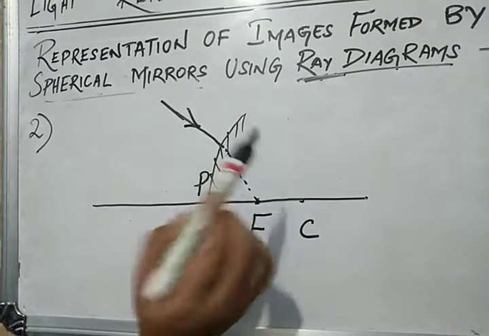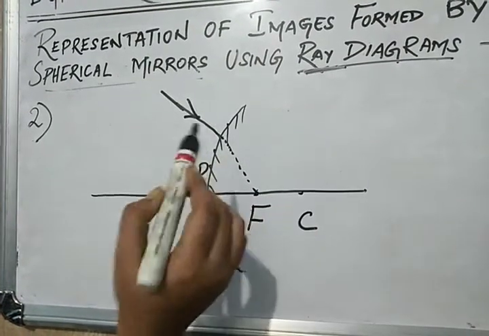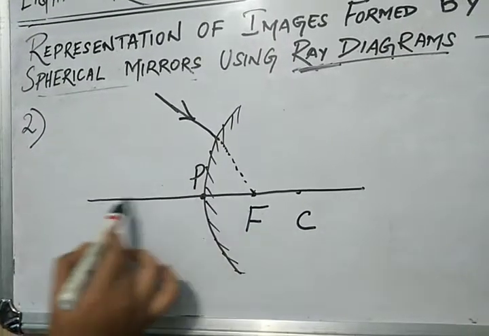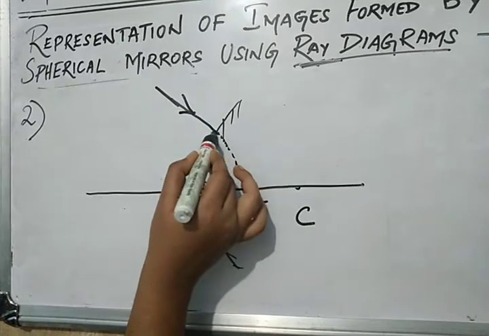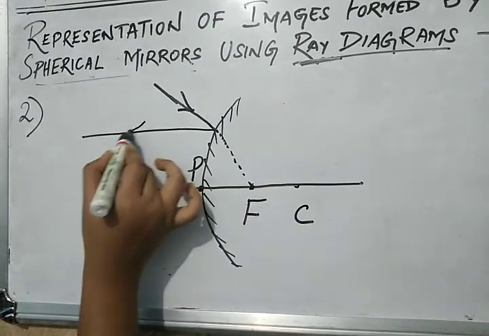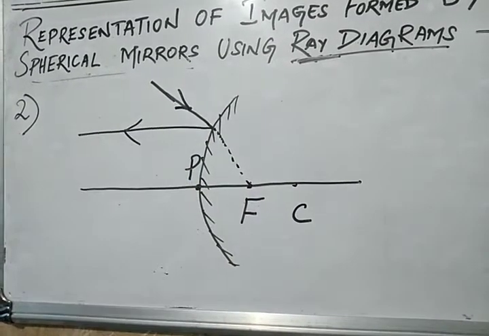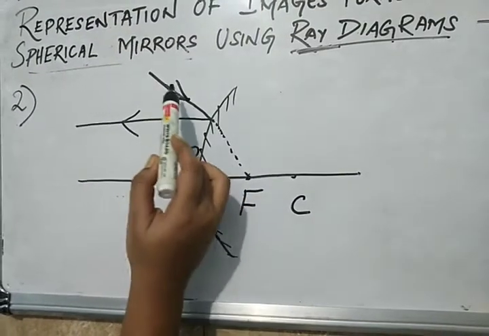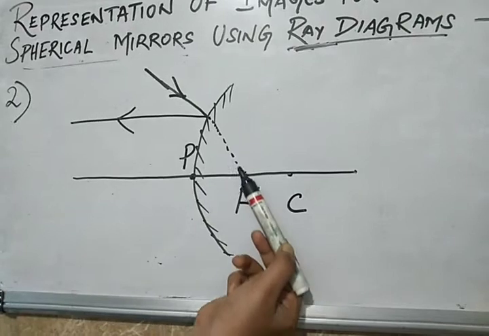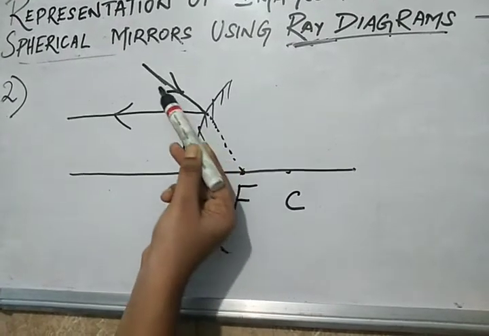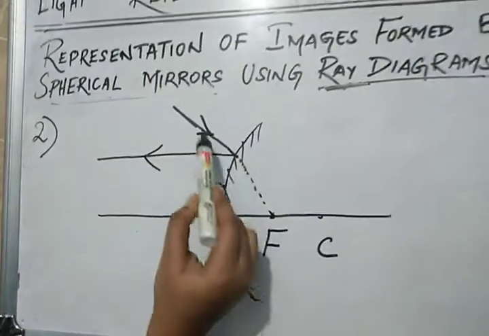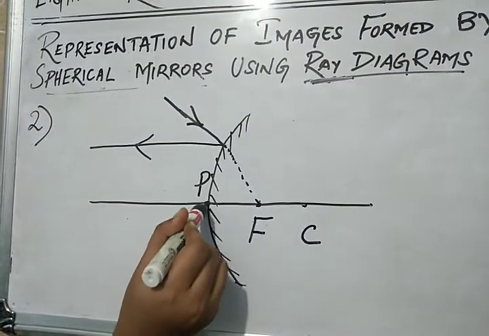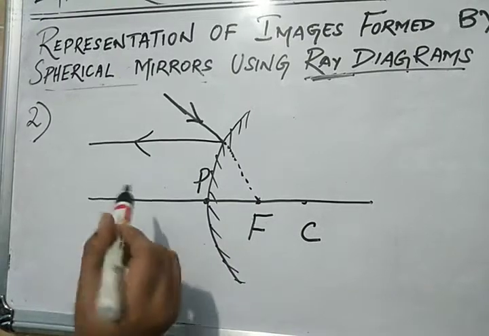Now after reflection, it emerges parallel to the principal axis, like this. This is the reflected ray. In case of a convex mirror, a ray that is directed towards the principal focus, after it gets reflected back, emerges parallel to the principal axis.